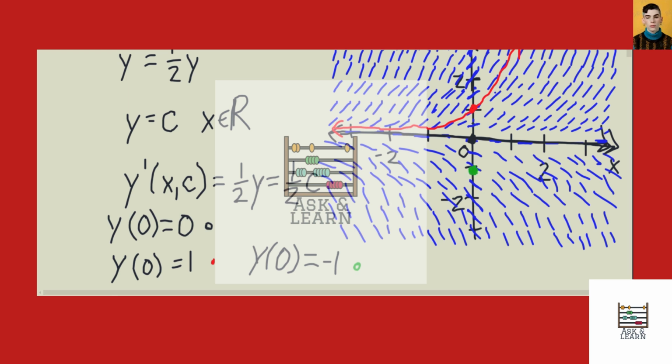So we know we have a point 0, negative 1 in the graph. We see that as x approaches negative infinity, this approaches the asymptote y equals 0, and as it approaches infinity, this graph approaches negative infinity. You see that this is another kind of exponential function, except for it's been reflected across the x-axis.